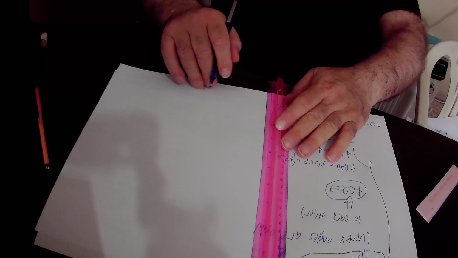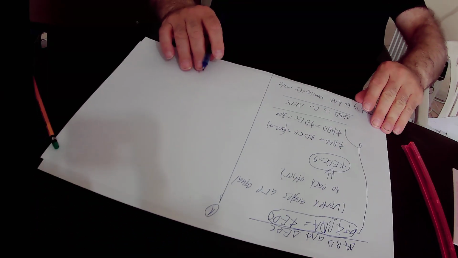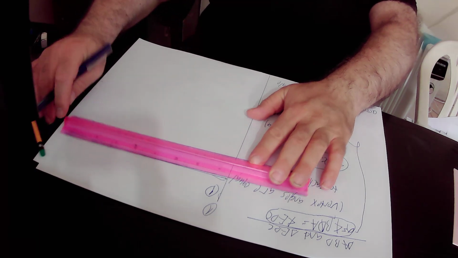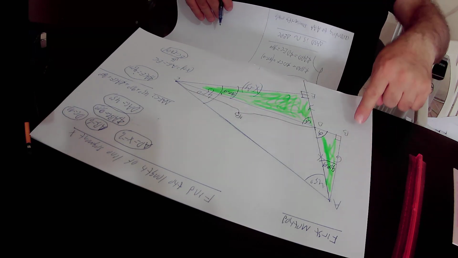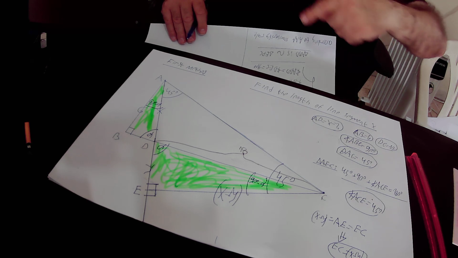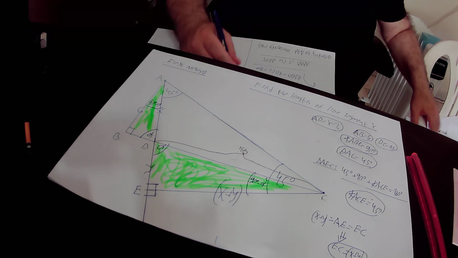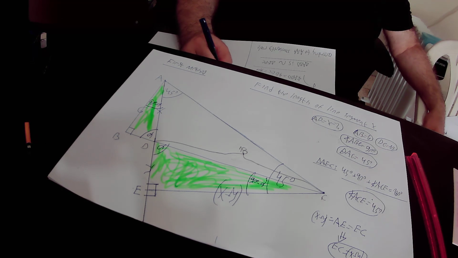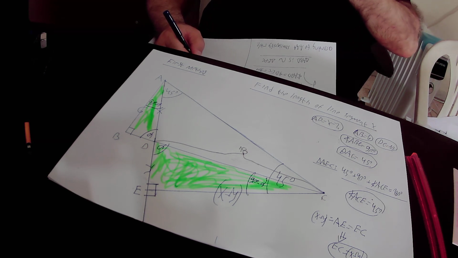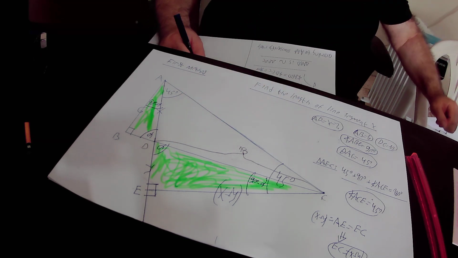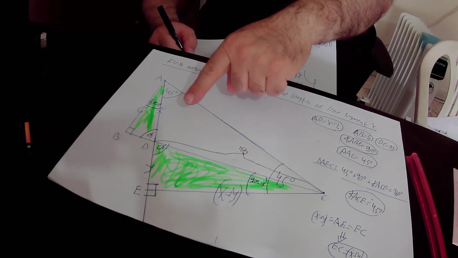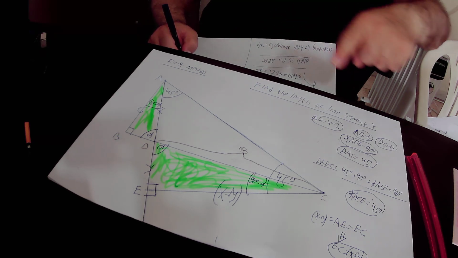And from the fact that the two green right triangles are similar to each other, we will conclude that the following relationship exists between their sides: AB over EC is equal to BD over DE, and is equal to AD over CD.